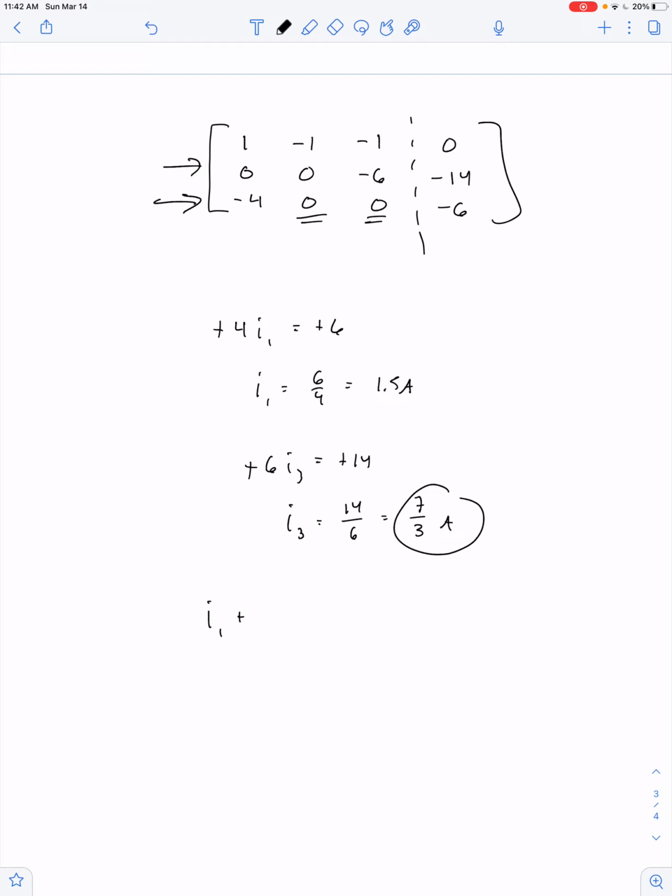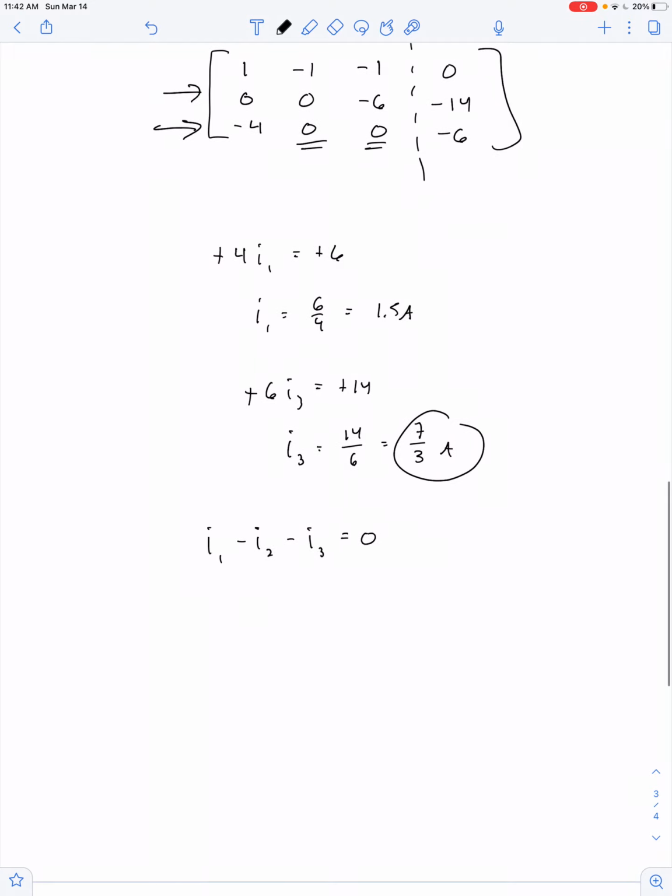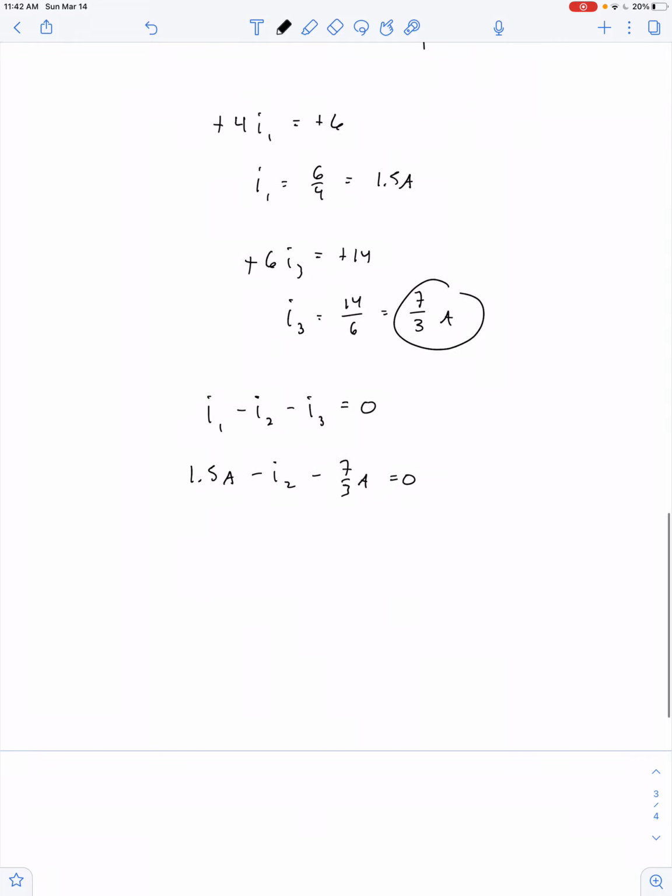And then we get I1 minus I2 minus I3 is equal to 0. So we have 1.5 amps minus I2 minus 7/3 of an amp is equal to 0. So I2 is 1.5 amps minus 7/3 of an amp.